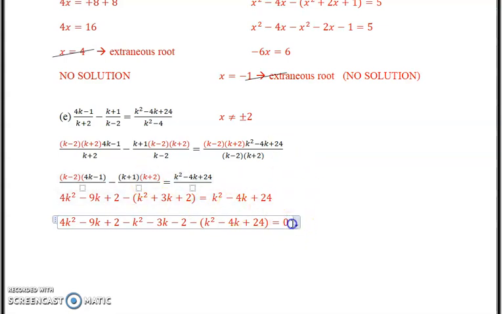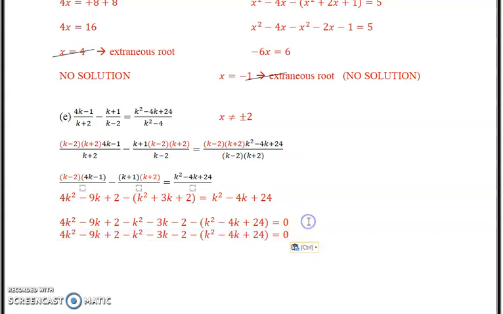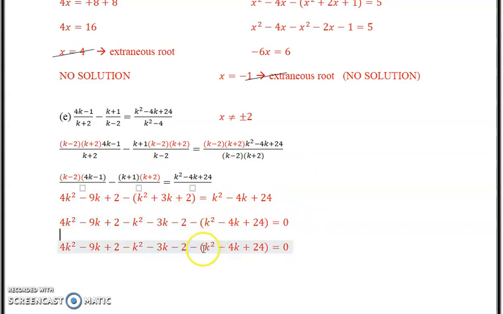We'll also change this now. So it's subtract the negative, so it's actually going to be plus, and it's going to be subtract 24. Now we'll collect like terms.